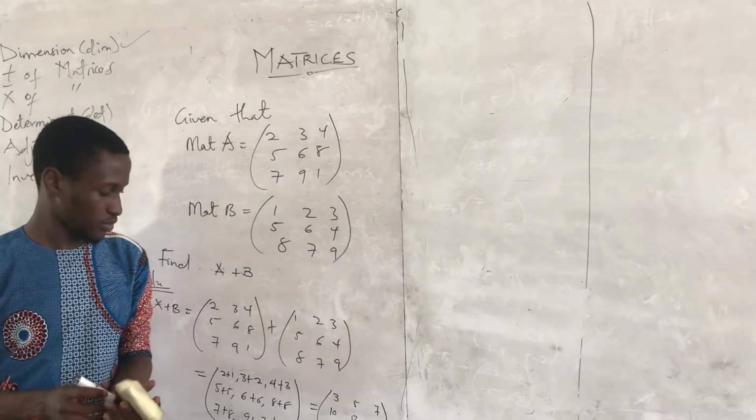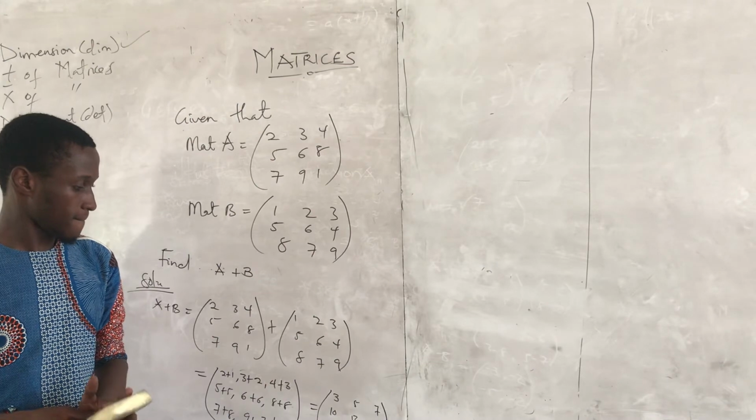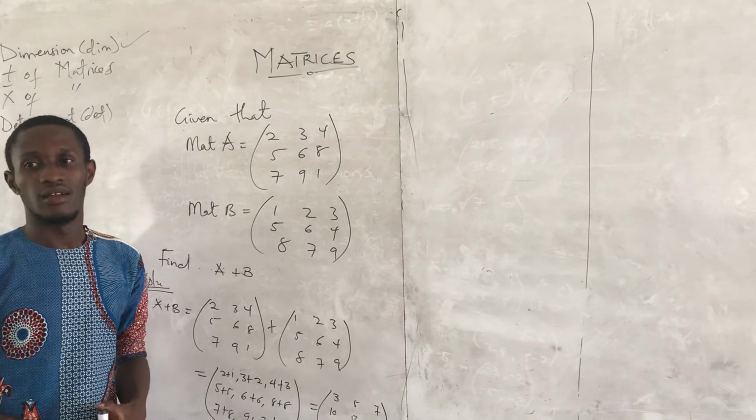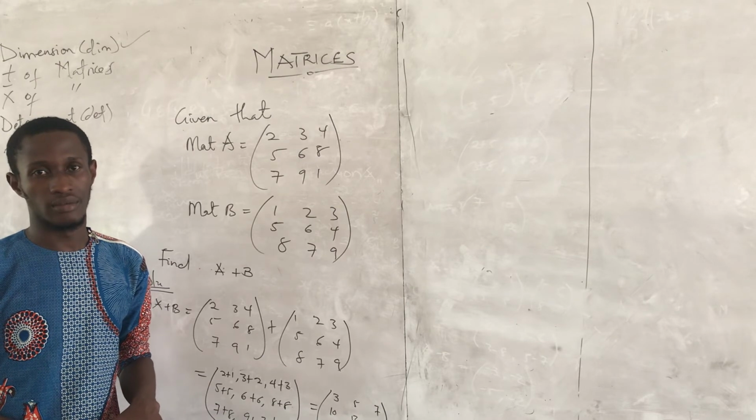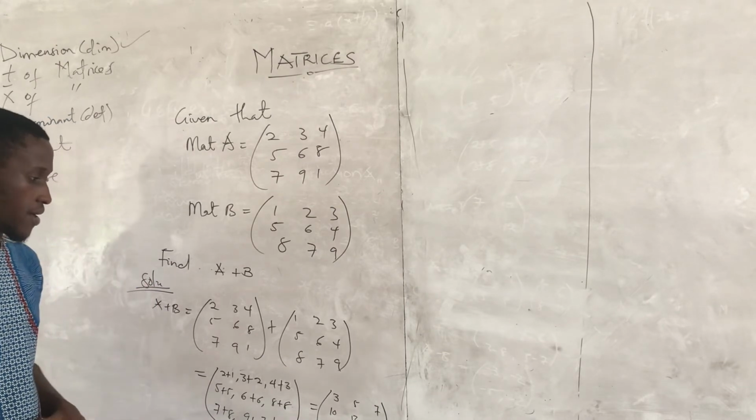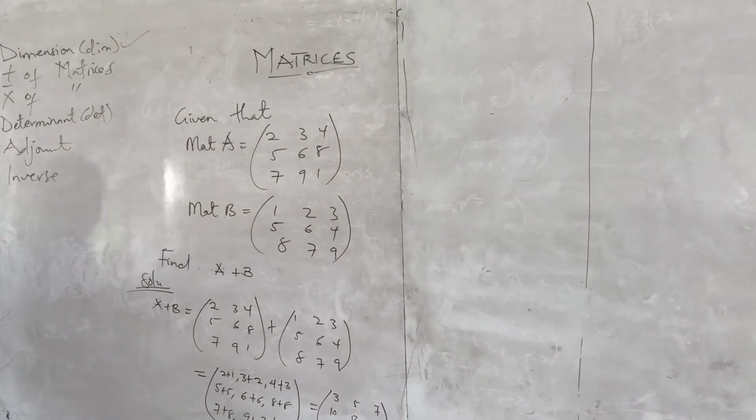So we are done with the addition of 3 by 3. So you can try with the subtraction.